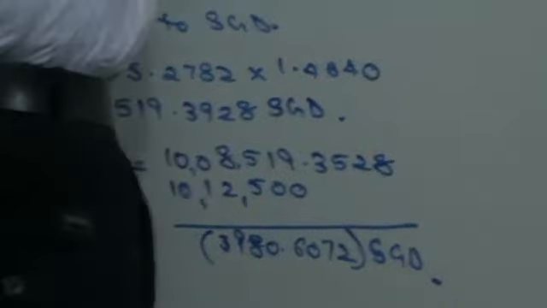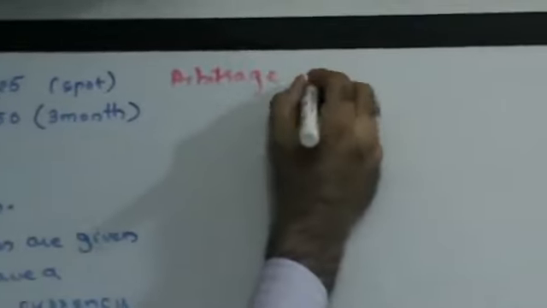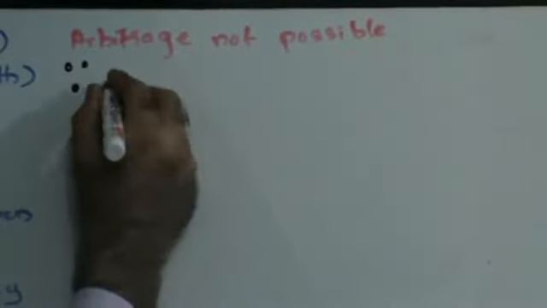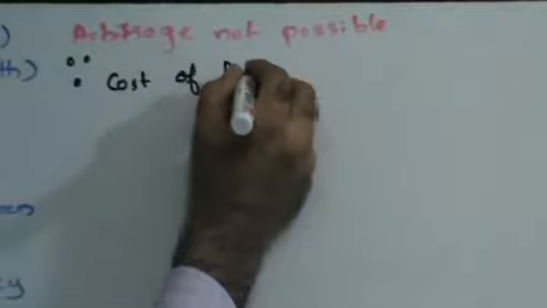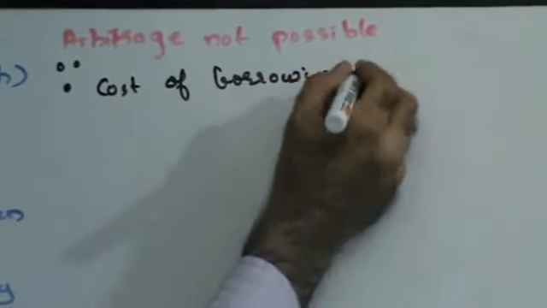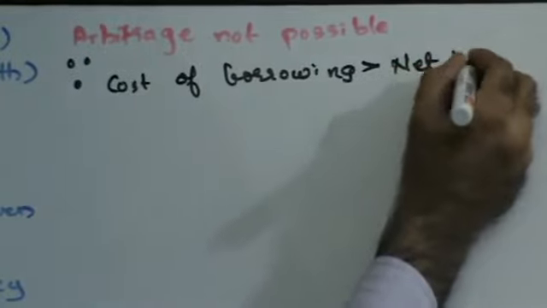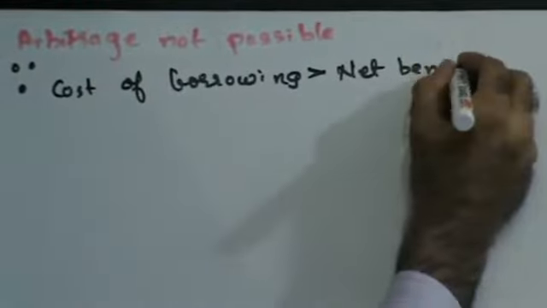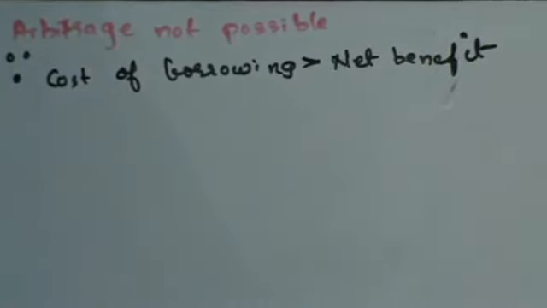So I can say arbitrage is not possible, because here the cost of borrowing is greater than the net benefit. So arbitrage will not be possible if I borrow in Singapore dollars.